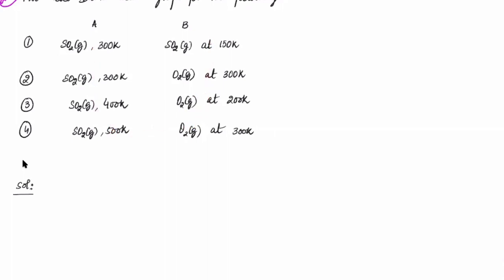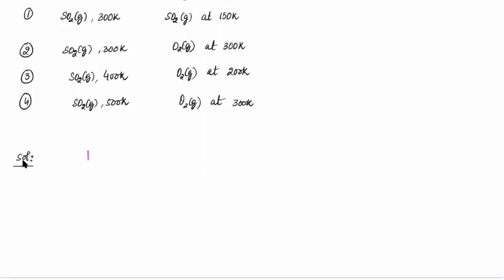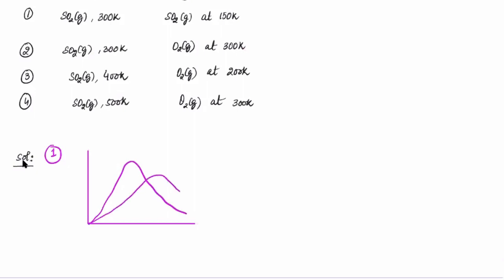To plot the graph for these four cases: SO2 at 300 kelvins, SO2 at 150 kelvins, SO2 at 300, O2 at 300. Check out for all of these cases, how would I plot it? First case. I will first write those two and see which one is more matching. Best part is check out the m by T ratio.